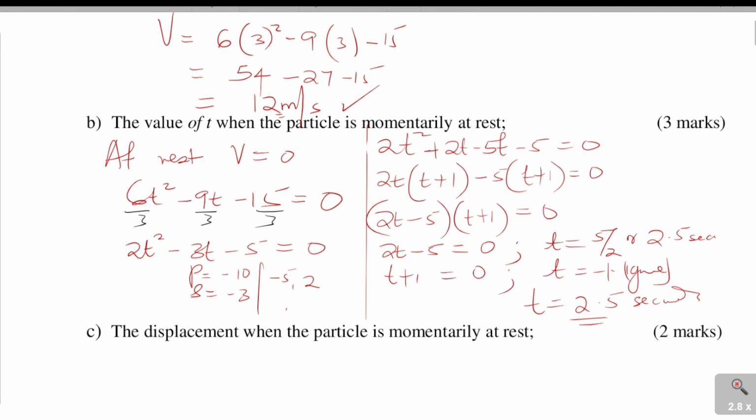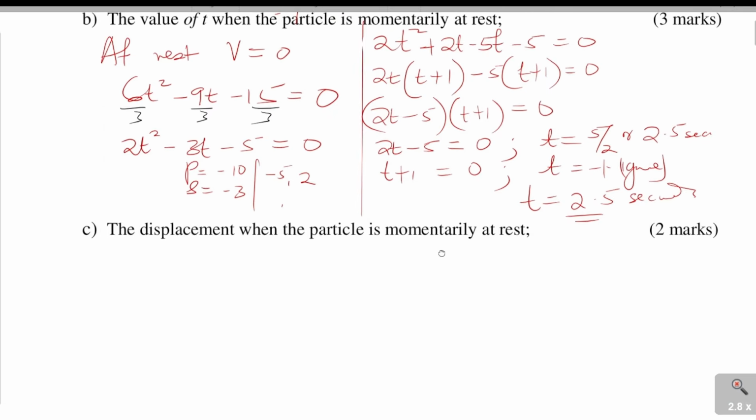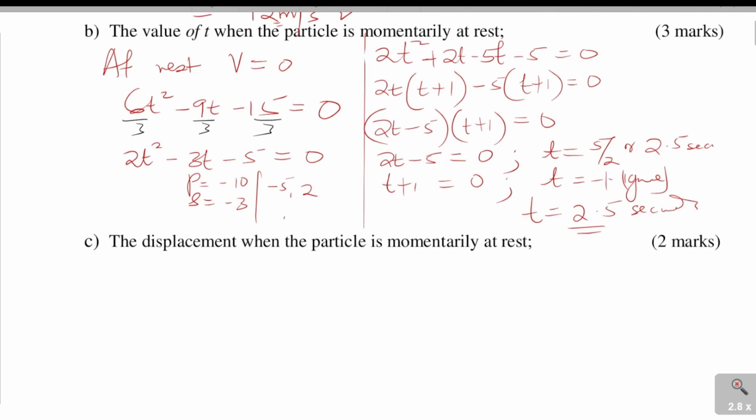Part C, the displacement when the particle is momentarily at rest. Now we already have the time when the particle is momentarily at rest. The time is 2.5 seconds. Now we are supposed to use this time to get the displacement. So we use the expression for displacement.